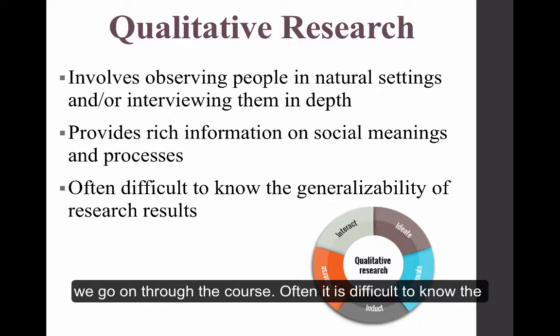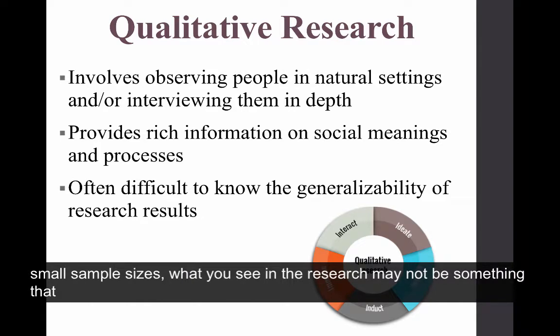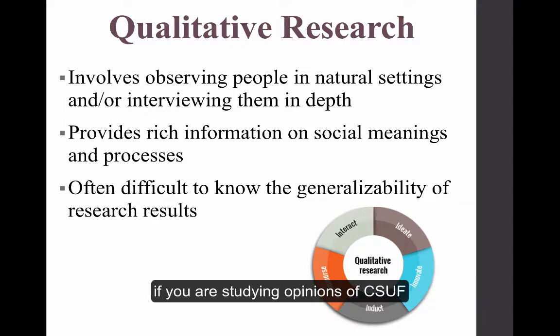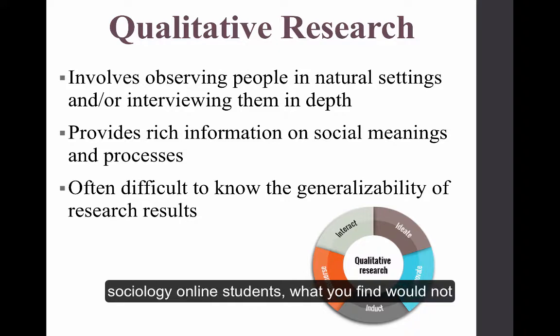So often it's difficult to know the generalizability of research results because the method has small sample sizes. What you see in the research may not be something that can be extrapolated to the overall population. So for example, if you're studying opinions of Cal State Fullerton sociology online students, right?